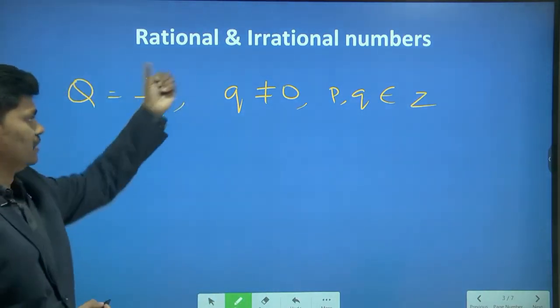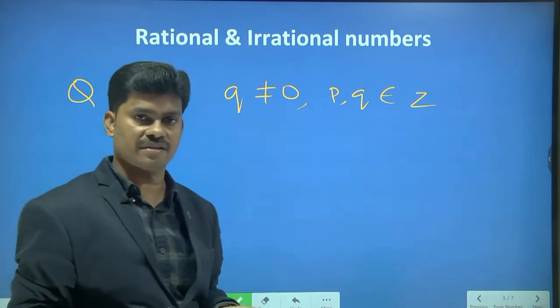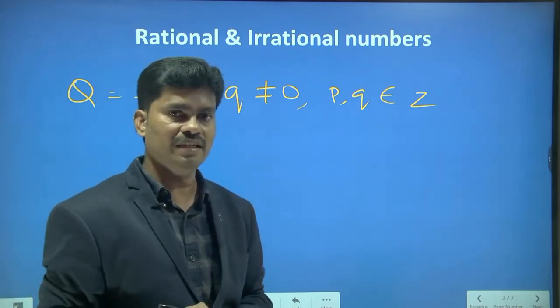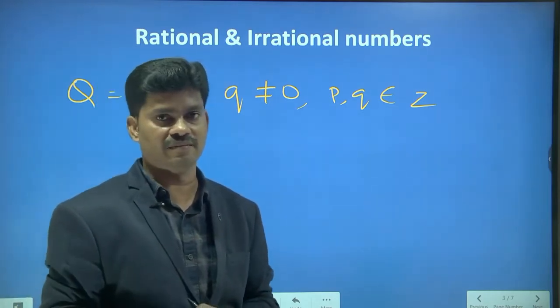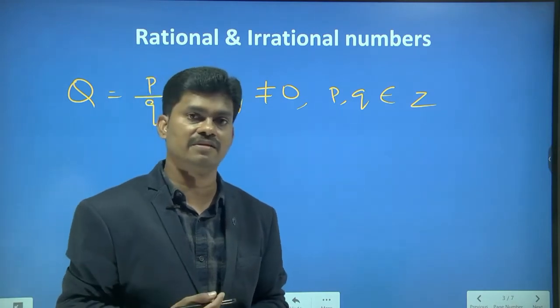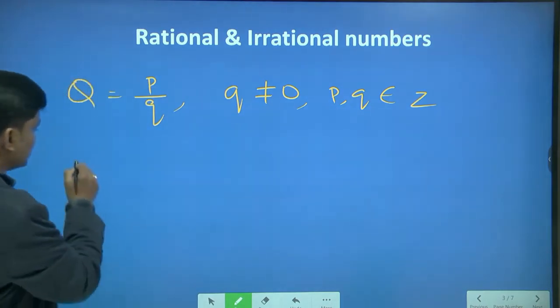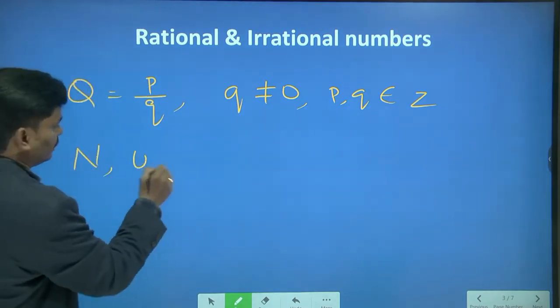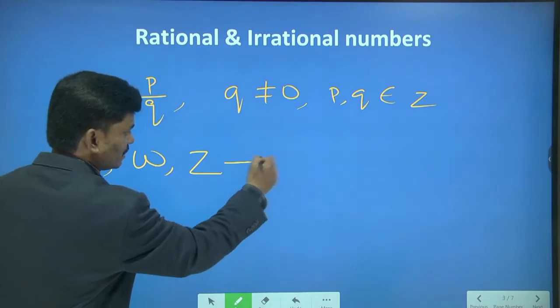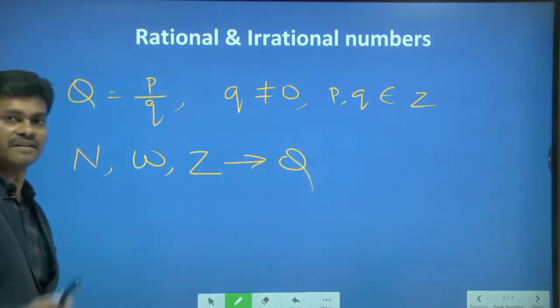That means a rational number is a fraction. Are only fractions rational numbers, or are other numbers also rational? Yes, you are right: natural numbers, whole numbers and integers are also rational numbers.